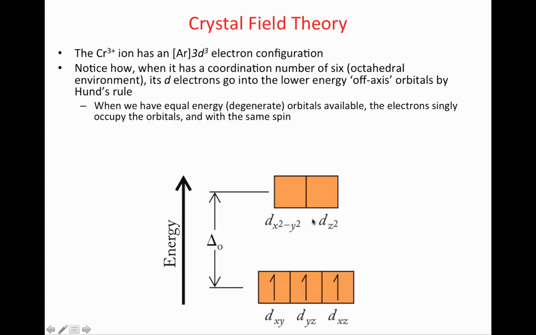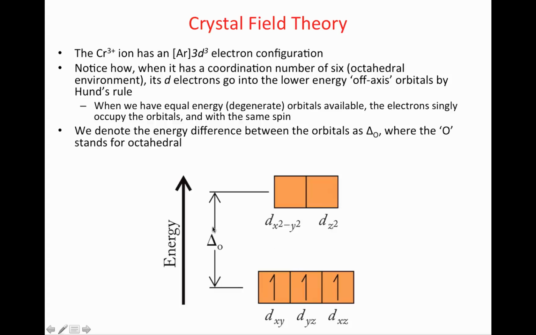I have split my orbitals, and then the question is, where do my 3 d electrons go once I split the orbitals like this? And the answer is they go down here. They go into the lower energy orbitals. By Hund's rule, we have them all with the same spin. But again, they go into different orbitals, and from Chem 105 you should be able to see that this is how the electrons would go into the orbitals.